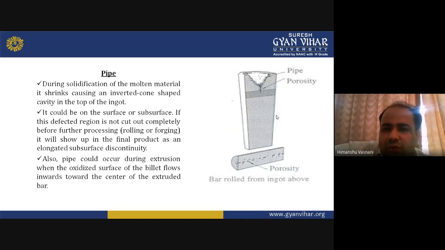Okay, next we go further with the pipe. As shown in the diagram of a bar rolled from an ingot, during solidification the molten material shrinks, causing an inverted cone-shaped cavity in the top of the ingot. Suppose you are pouring molten metal, and after pouring you feel that it is complete, but after solidification it causes an inverted cone.